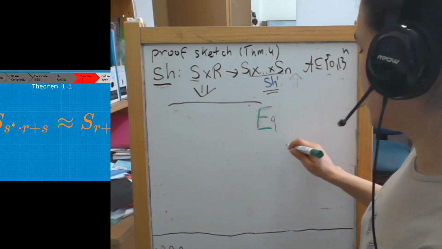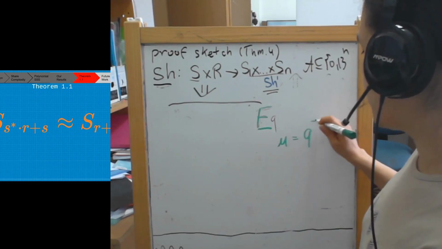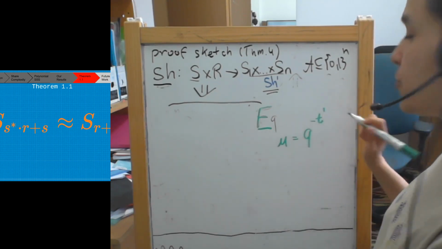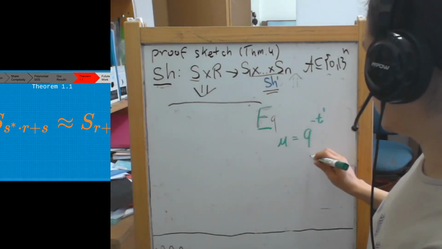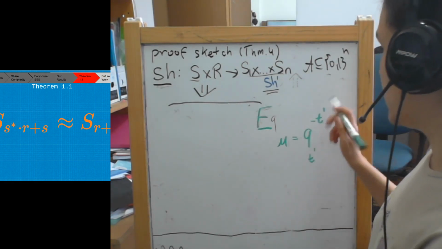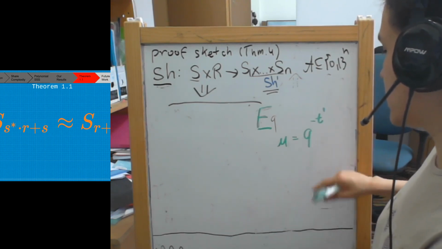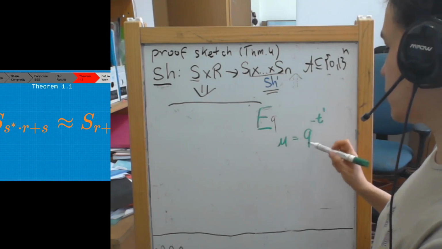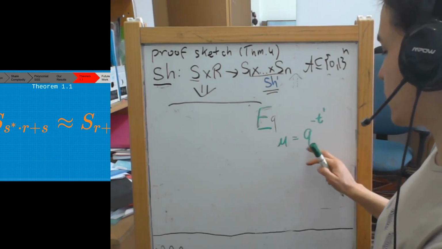It suffices that the m from before is a multiple of q to the minus t prime for some integer t prime, and then we can have t prime elements in the randomness vector. And so we want to prove that there exists such a solution where this t prime is not too large, and also indeed this m has this form.